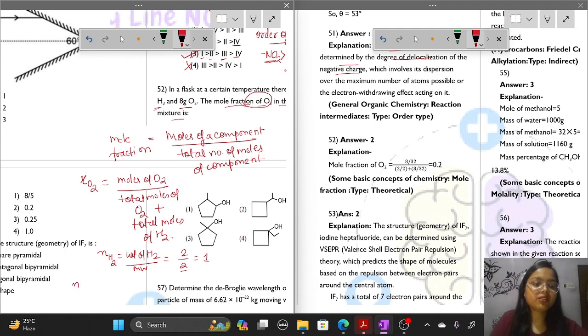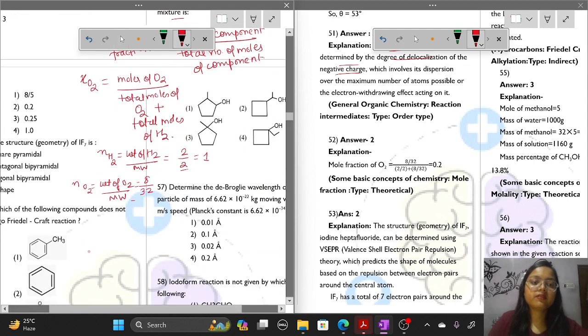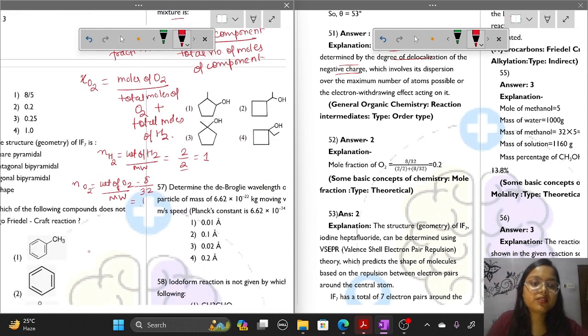Then we have to find the number of moles of O2, which is weight of O2 divided by its molecular weight. The weight of O2 is given in the question, it is 8 gram. So it is 8 by 32, which means the number of moles of O2 is 1 by 4, right?